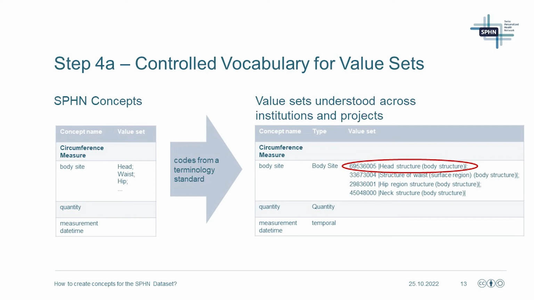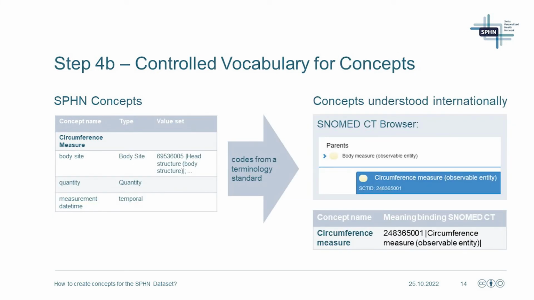But not only the value sets are represented with controlled vocabulary, but also for the concepts itself, we use that principle. Here you can see the circumference measure concept, and we create a meaning binding to the SNOMED CT concept circumference measure. This so-called meaning binding supports the machine readable and semantic interoperability of SNOMED encoded datasets.